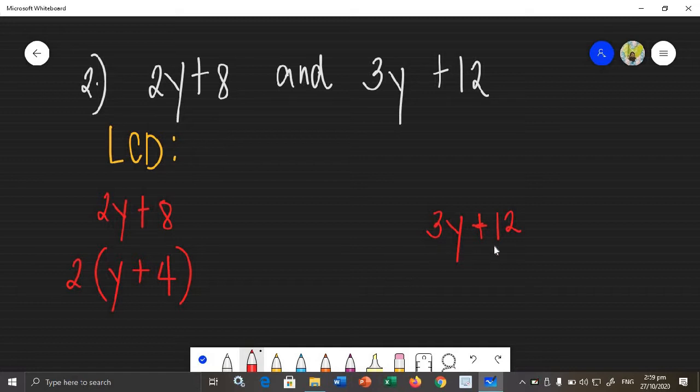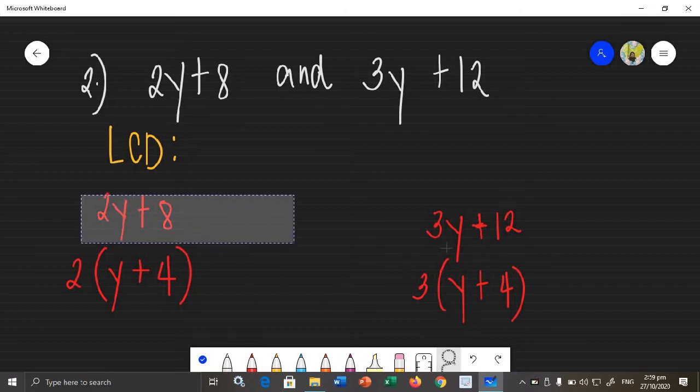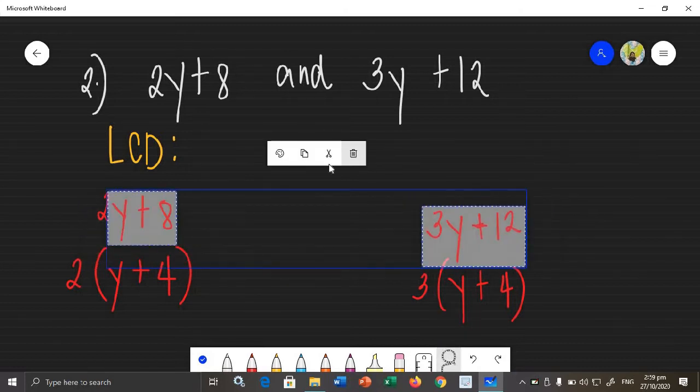Okay? The next one, 3y plus 12, the common factor is 3. And then we will again form a binomial. So 3y divided by 3, that is y. Plus 12 divided by 3, that is 4. So these are the factorizations of both binomials given.